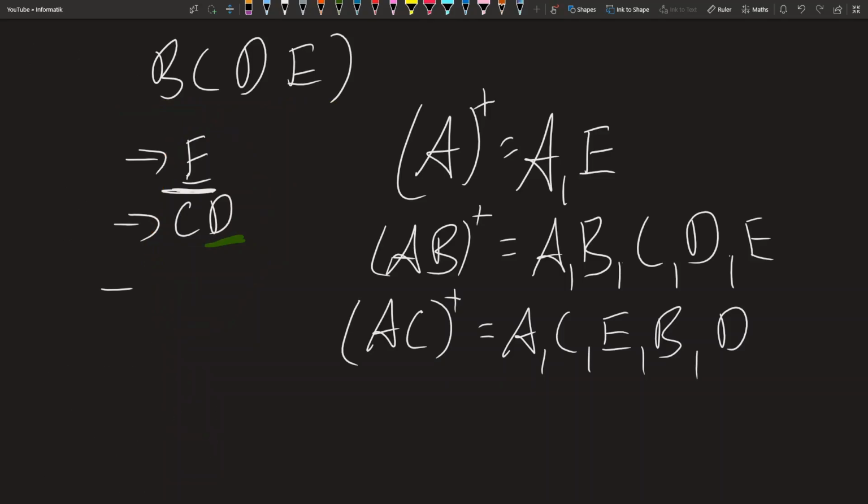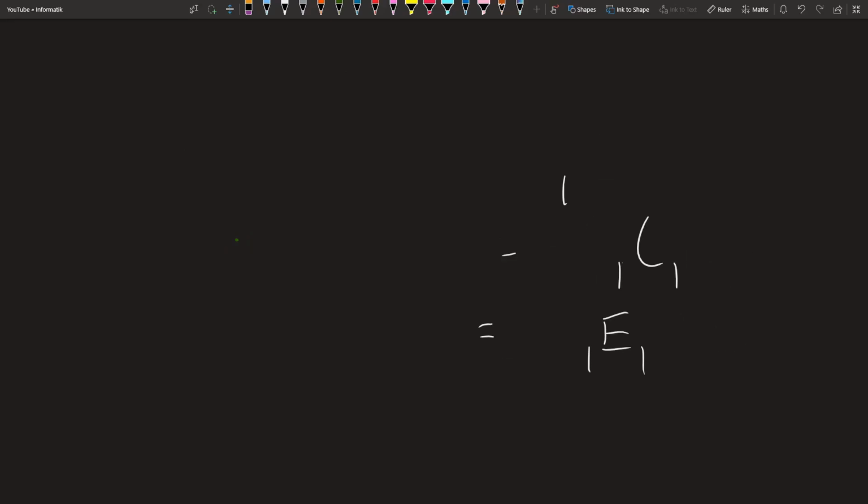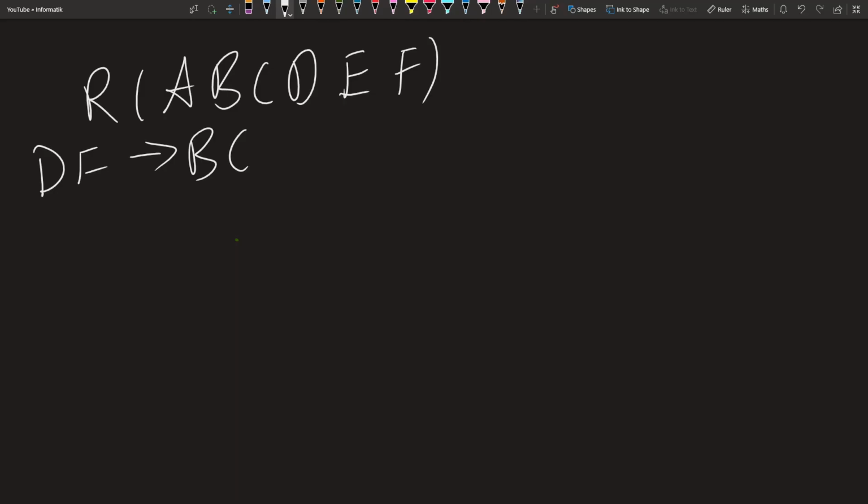Time for the last example. So, going to the last example, we have a relation A, B, C, D, E, and F. So there we have DF is determining BC.